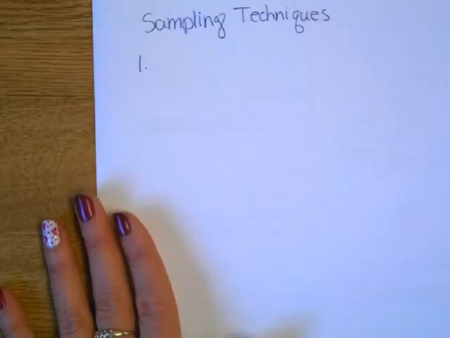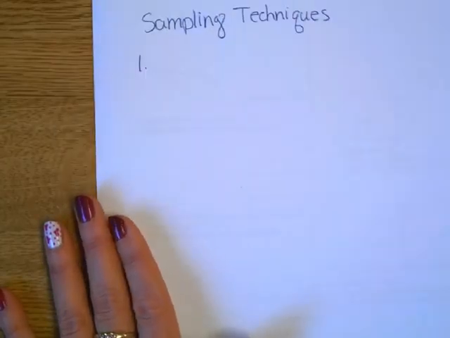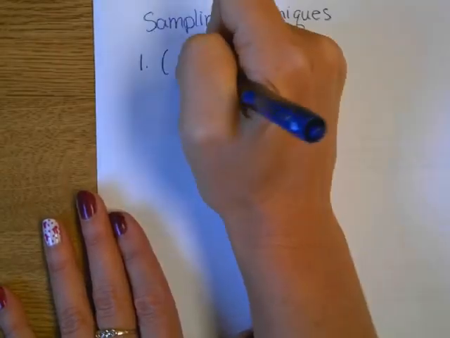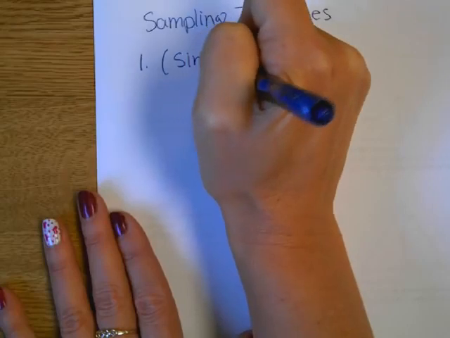The first one is called random sampling or simple random sampling. Sometimes you see the word simple, sometimes you don't.